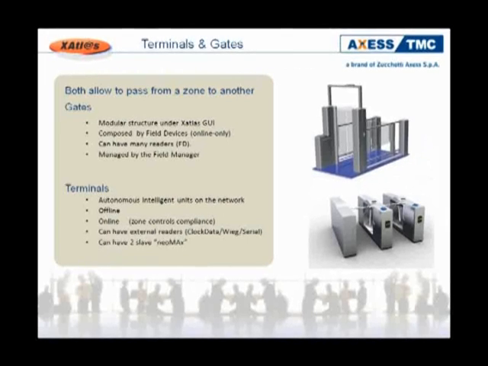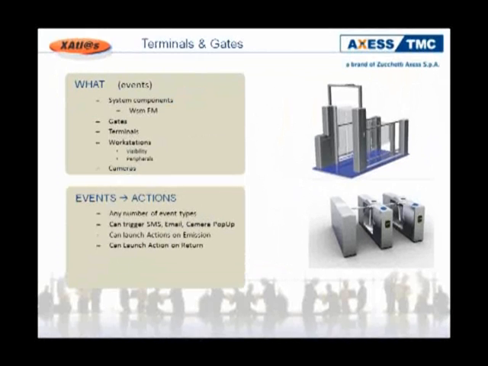So if there is somebody staying too long, or too many people, or anti-passback, that is not fully supported if terminals are used instead of gates, or better, it is not fully supported in case of offline conditions. If terminals can be always online, zone controls are always possible.